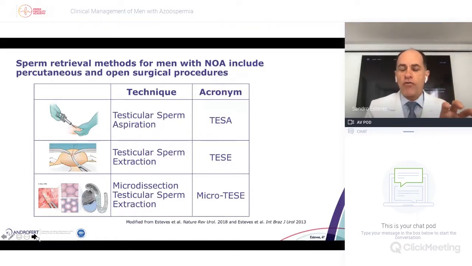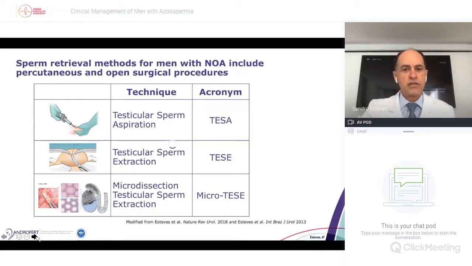Remember, these patients should not be offered epididymal sperm retrieval methods, because in patients with non-obstructive azoospermia due to spermatogenic failure, the epididymis is not the target organ for sperm retrieval. We will not be able to find sperm in the epididymis. We need to go inside the testicle.